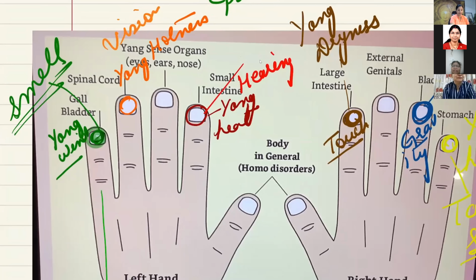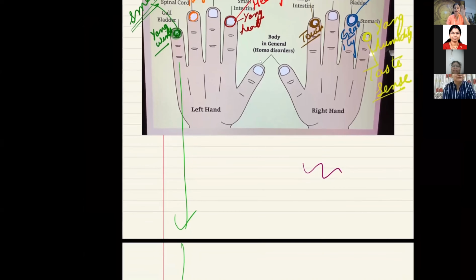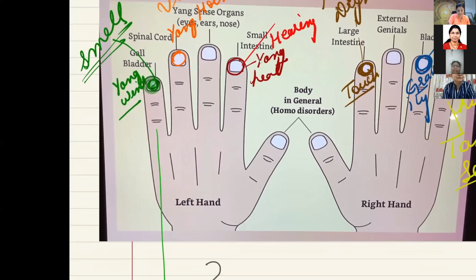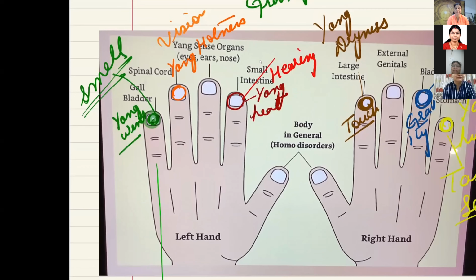Now, especially on the left hand, left extremities, left hand and left foot, for tonification we do anti-clockwise. Anti-clockwise means if you want to improve the hearing sense, or the condition of the small intestine, or degenerative spinal cord diseases, or gallbladder disease, or the smell sense.